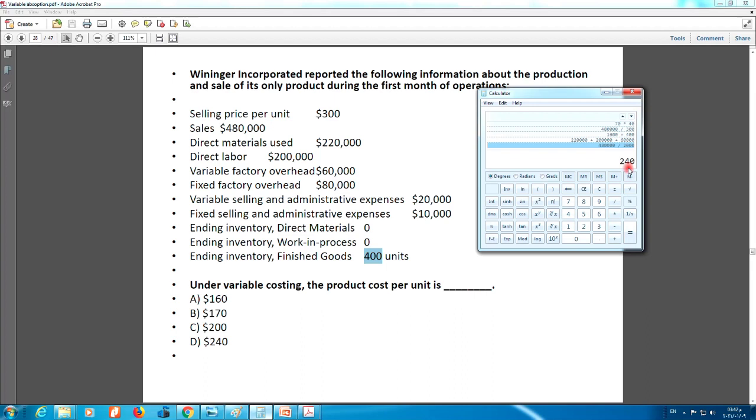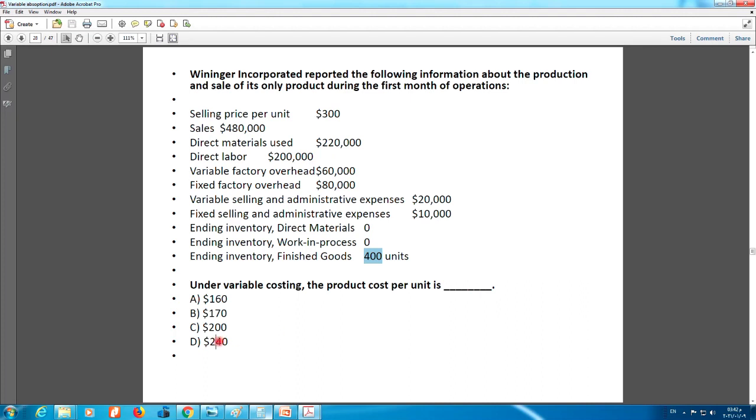So the variable manufacturing cost per unit is 240. Under variable costing, the product cost per unit is 240. The answer is D.